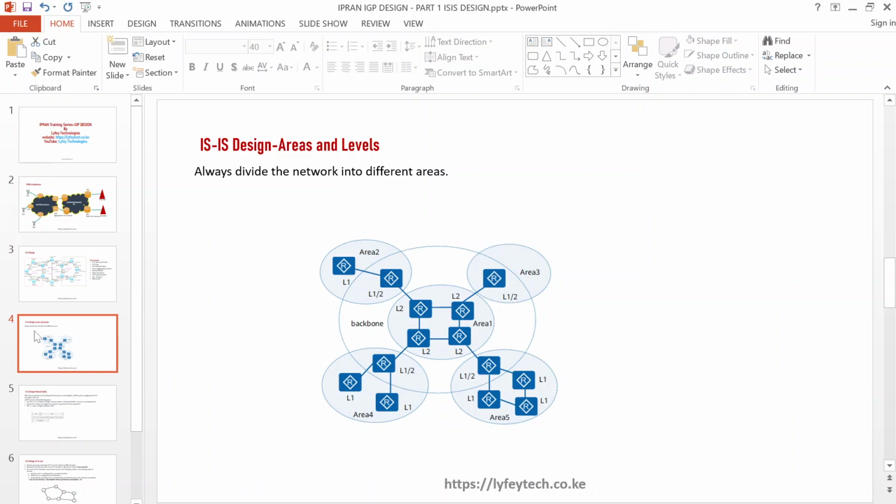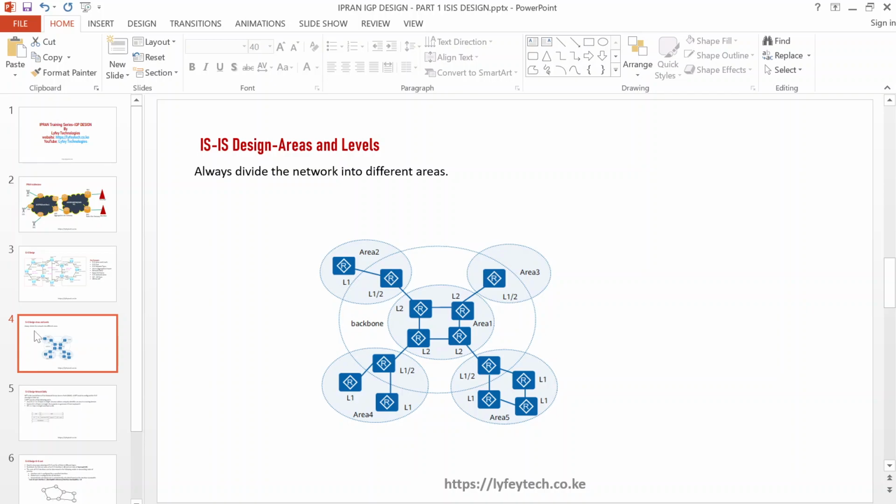For areas, you have to divide your IPRAN network into different areas. This will speed up network convergence, because if you have just one area and there is an update, it has to be propagated throughout the entire network.